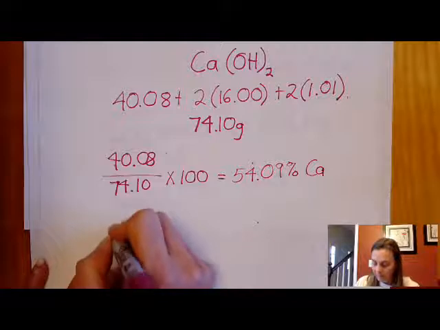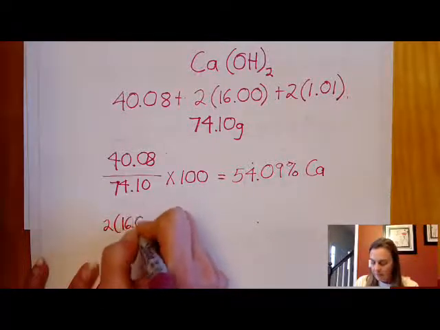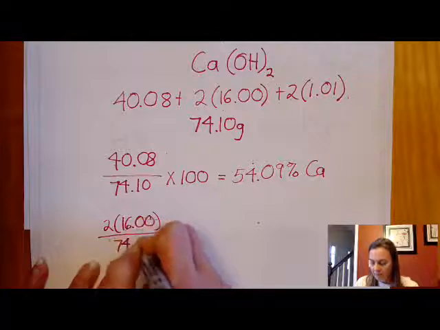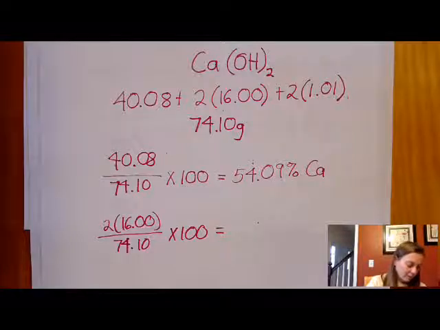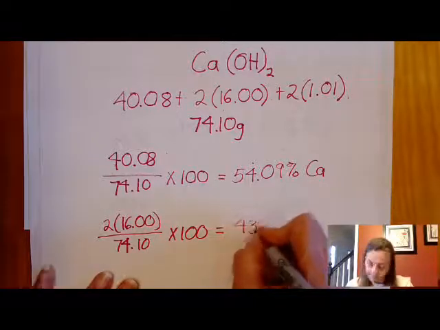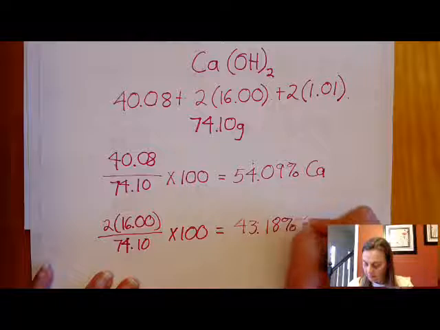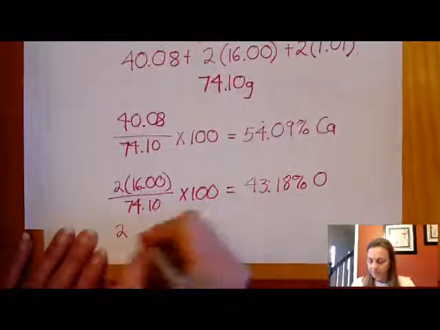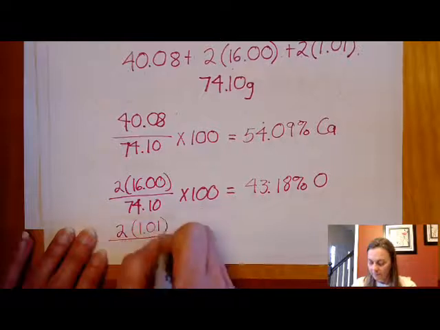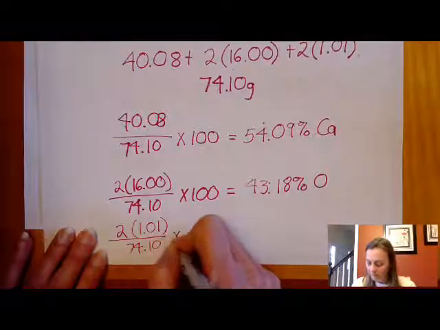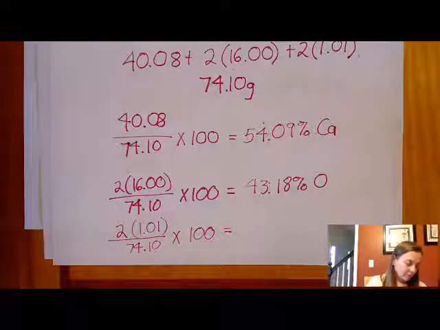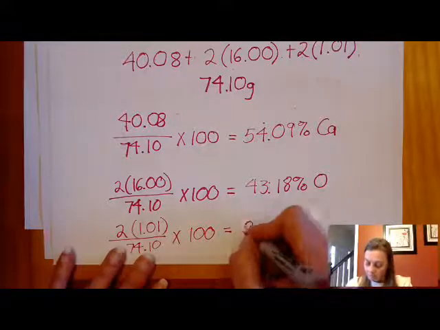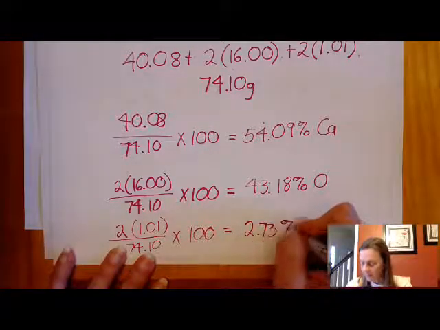Then we have 2 times 16.00 over 74.10 times 100 equals 43.18% oxygen, and then we have 2 times 1.01 divided by 74.10 times 100 equals 2.73% hydrogen.